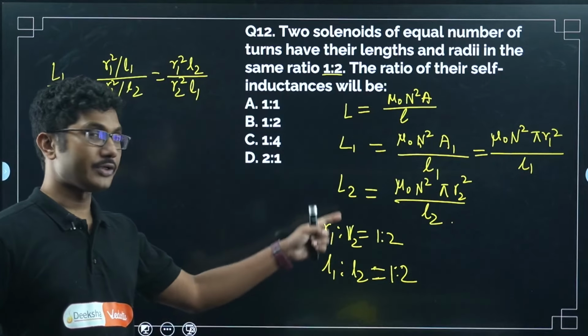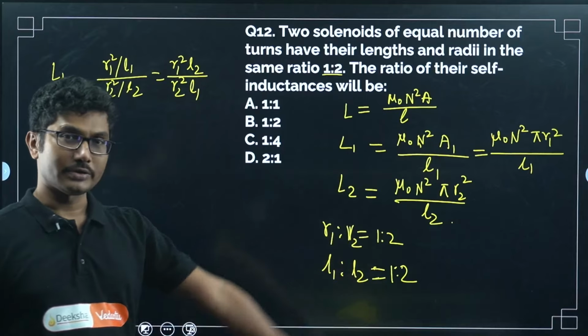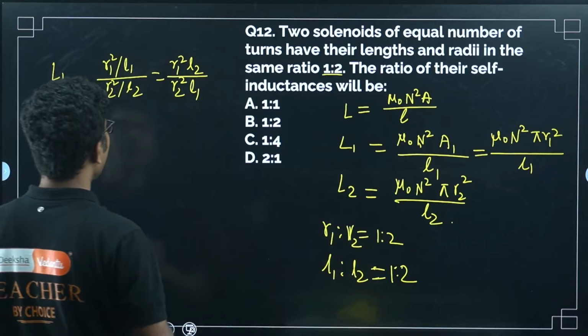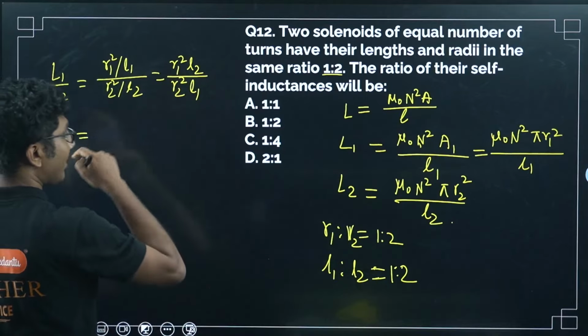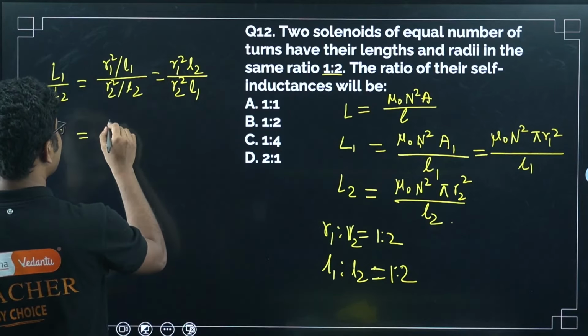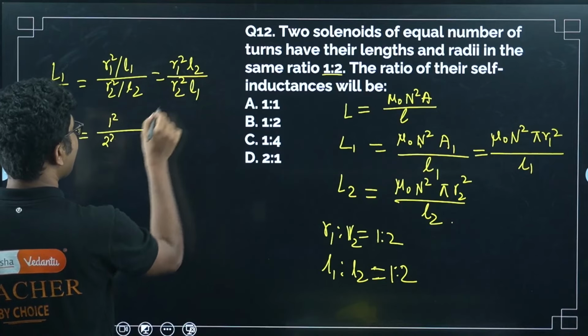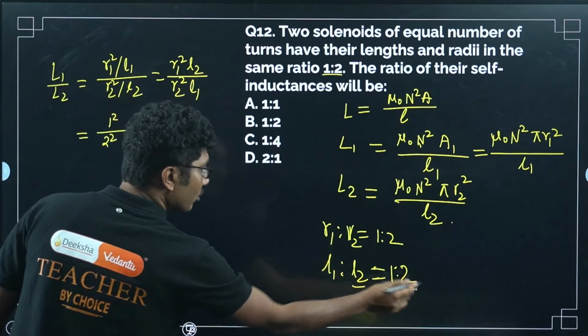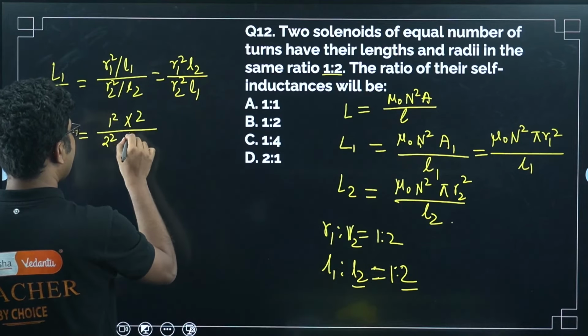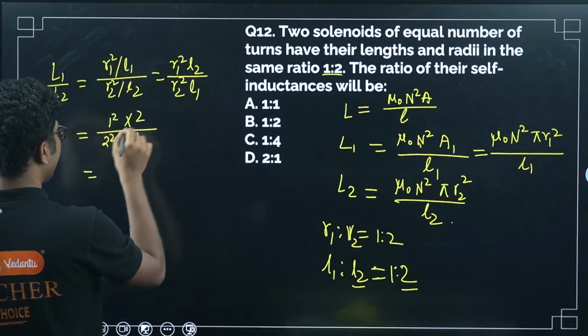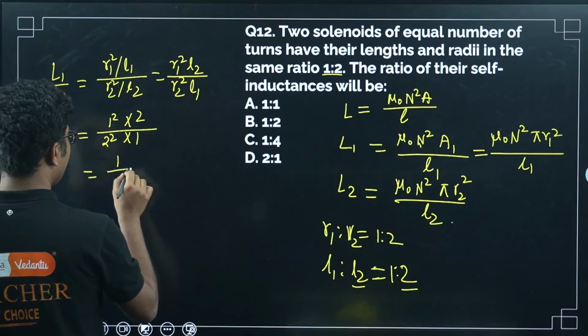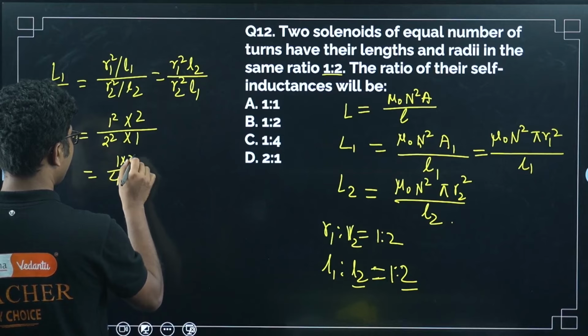So r1 is to r2 is 1:2, L1 is to L2 is also 1:2. So r1 square by r2 square is 1 square by 2 square, L2 is 2 and L1 is 1. So it will be 1 by 4 times 2, so it will be 2.